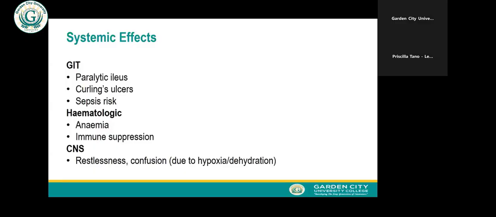Why do you think the paralytic ileus? Of course, there's reduced bowel movement or motility. There's Curling's ulcer, stress ulcer. So the stomach, the duodenum, or wherever, there can be what? Risk of bleeding and perforation, right? And then, of course, infection also comes in, sepsis risk setting in over here as well.